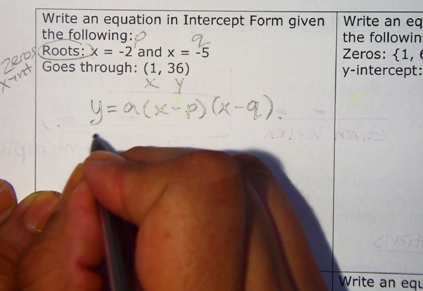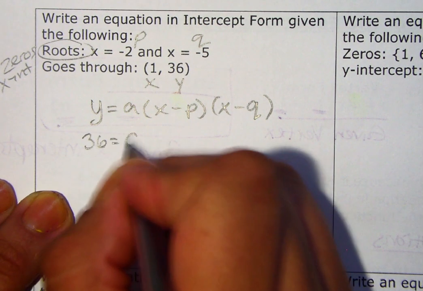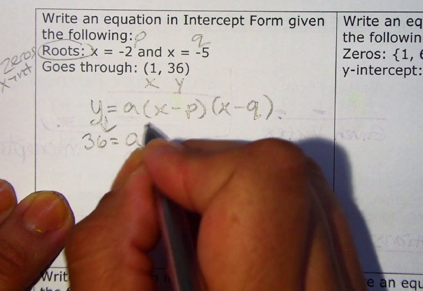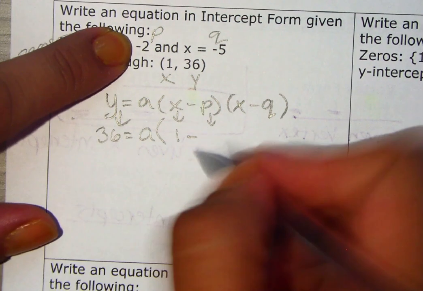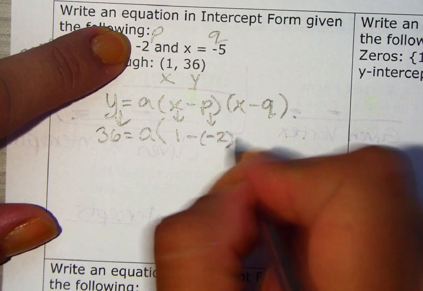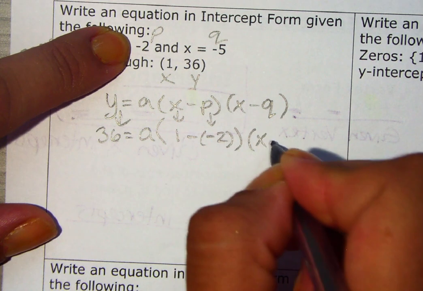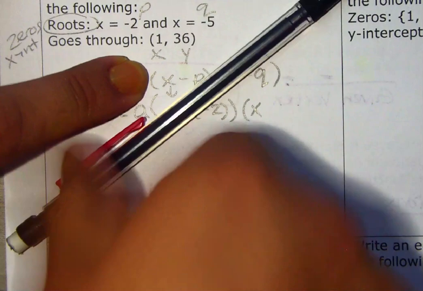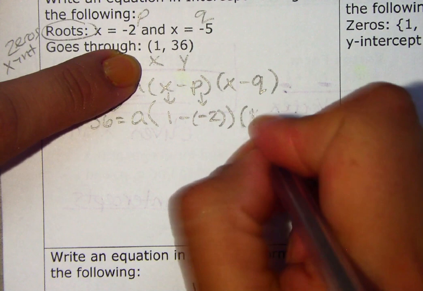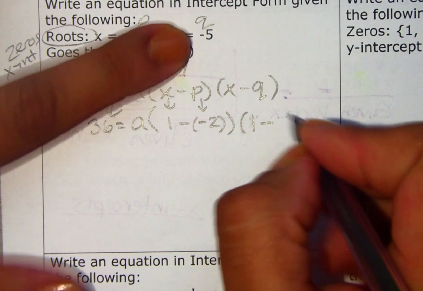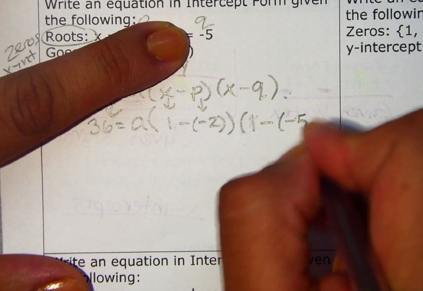And then we have 36 equals A, x is 1, minus P is negative 2, so that's minus negative 2. And 1 minus your Q, which is negative 5, so minus negative 5.